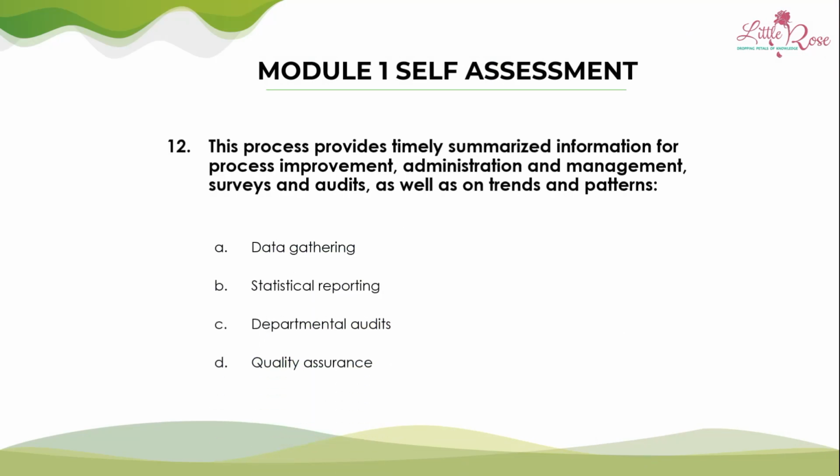This process provides timely, summarized information for process improvement, administration and management surveys and audits, as well as on trends and patterns: A. Data gathering, B. Statistical reporting, C. Departmental audits, D. Quality assurance.